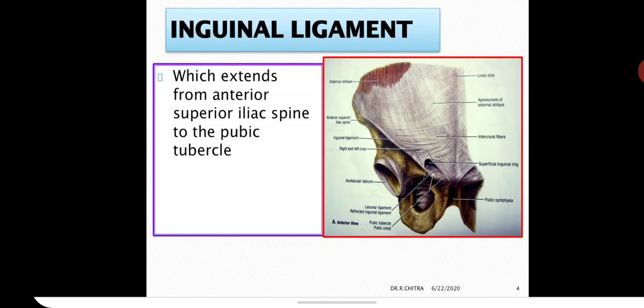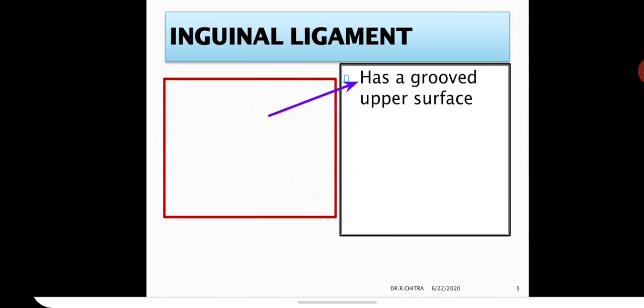If you see its attachments, it extends laterally from the anterior superior iliac spine to the pubic tubercle medially. So that is the attachments of the inguinal ligament. This image shows the inguinal ligament which has a grooved upper surface.